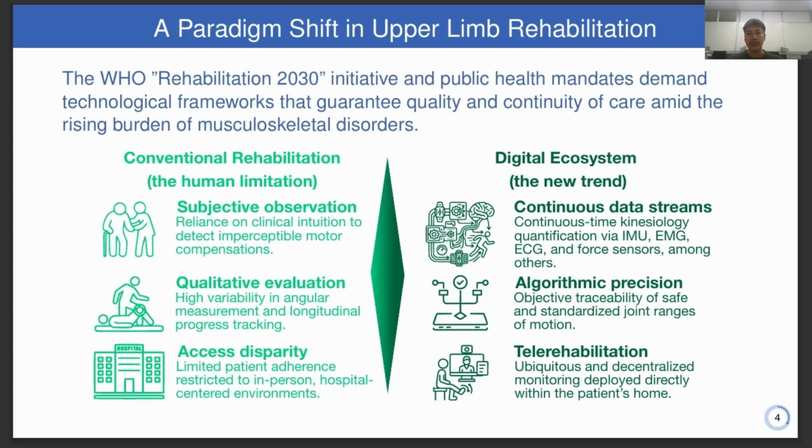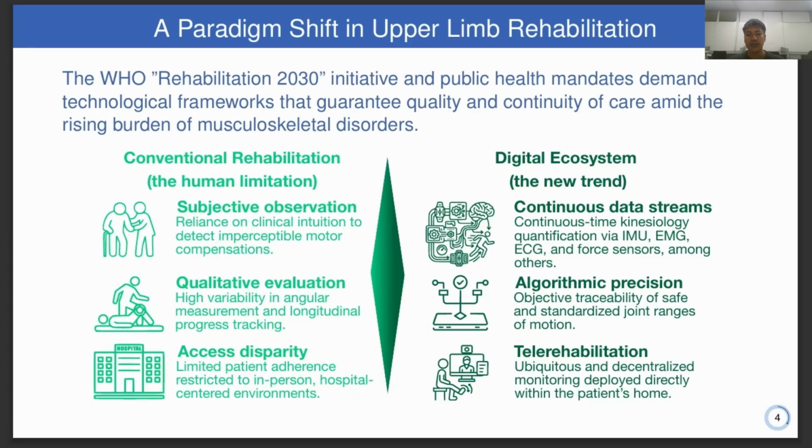To begin, this slide illustrates why we need a technological shift in healthcare. The World Health Organization, through its Rehabilitation 2030 initiative, demands new solutions to warranty continuous and high-quality care. On the left side, we see the limitations of conventional rehabilitation.